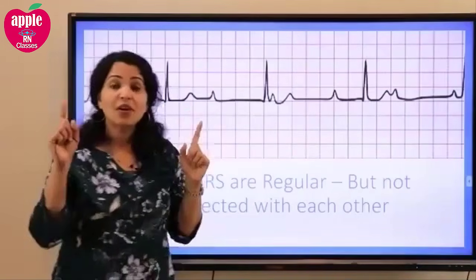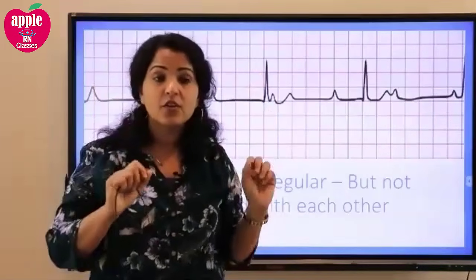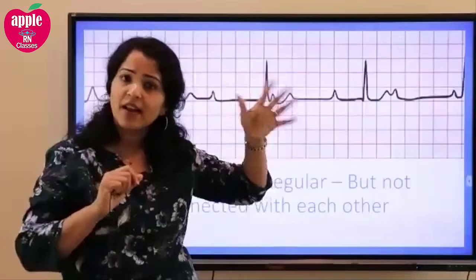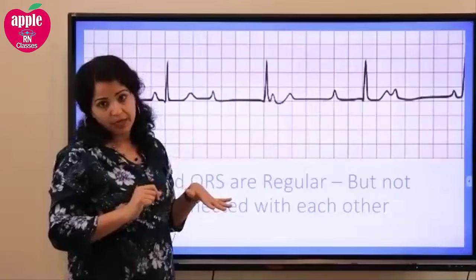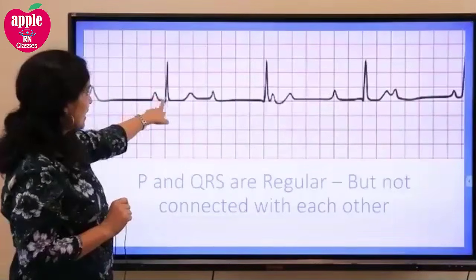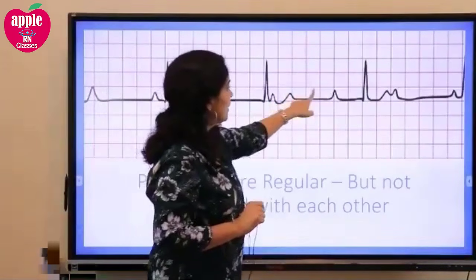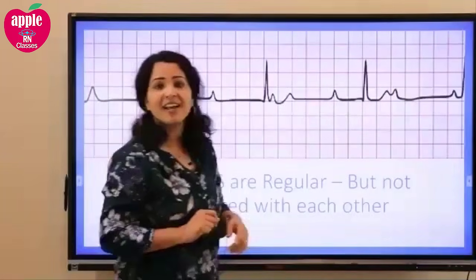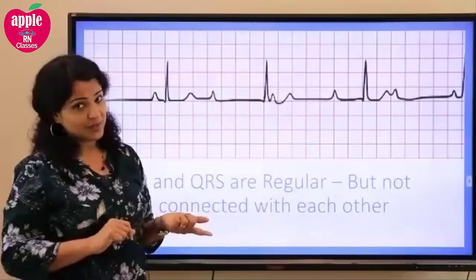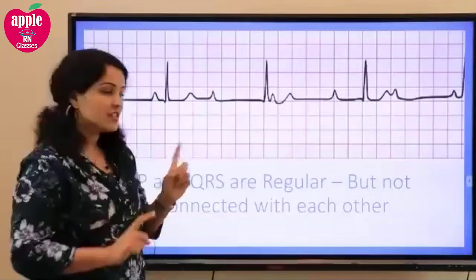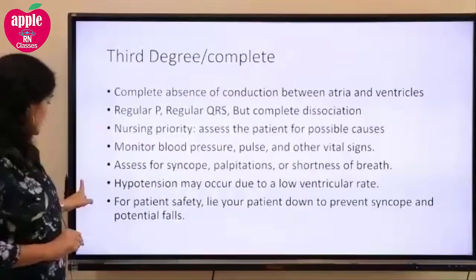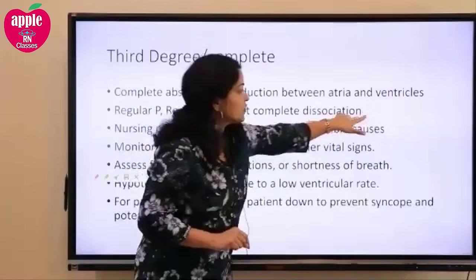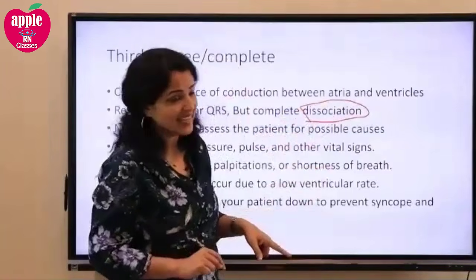So if you just look at the QRS, you will see that it's kind of regular, but it is not associated with the P wave. If you look at the P wave, it's kind of coming up, but it's not associated with QRS, right? Not talking. So that is what is happening here. In this one, there is complete dissociation. There is no connection. It's complete dissociation.